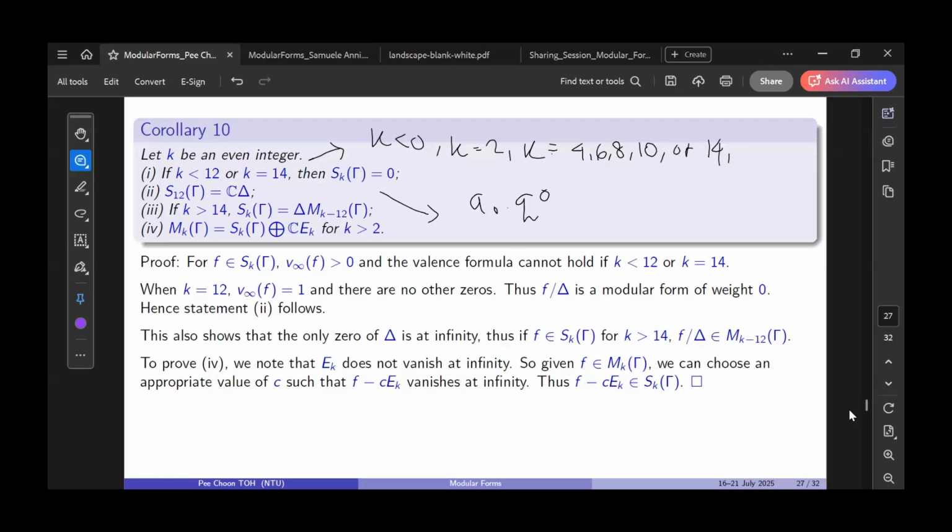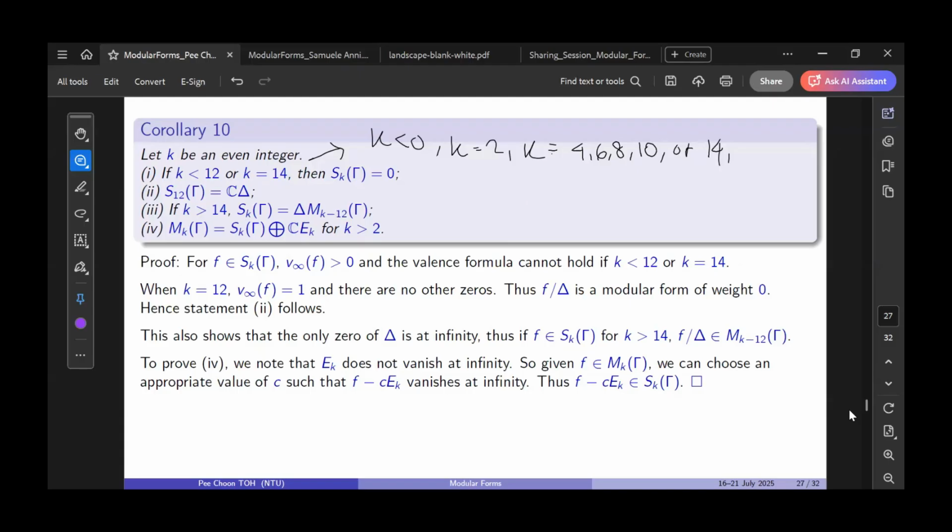But as we know from the previous one, for k negative and k equal to 2, the modular form is always 0. So this is easy. If the modular form is 0, the cusp form is also 0, right?